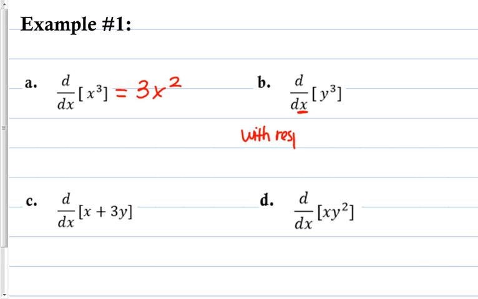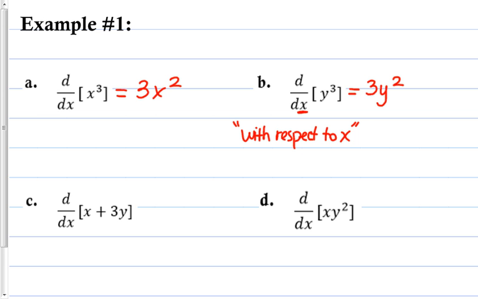Now y is not x, so you're going to pretend that it is. You're going to use all the same rules, all the derivative rules that we've learned so far, to derive for y. So this is going to be 3y squared.